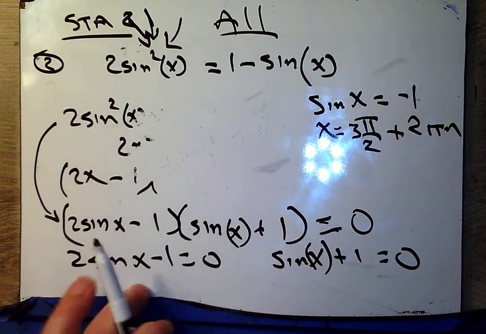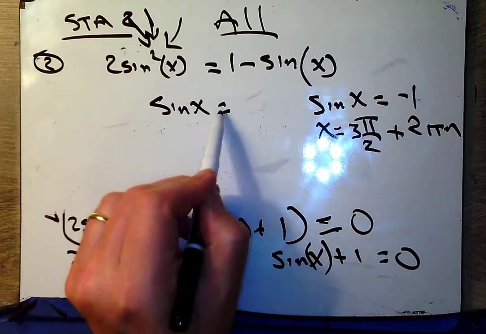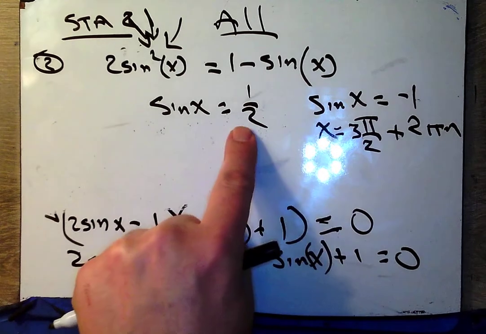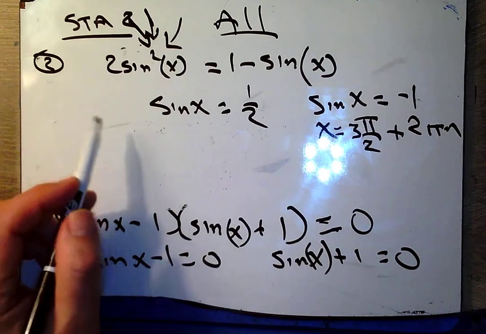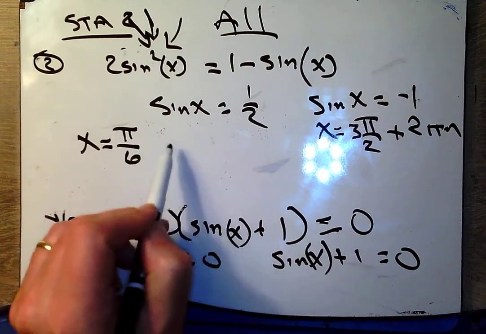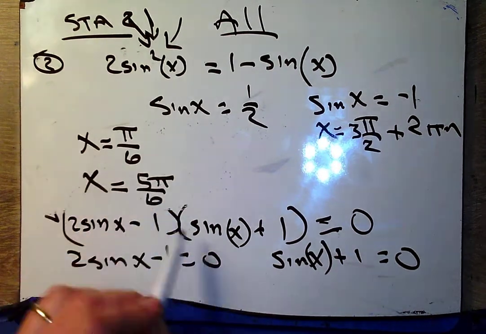Okay, now what about this one? That's saying, when is sine x equal to 1/2, right? We're going to add 1, we're going to divide by 2. Well, sine is equal to 1/2 in 2 places on our unit circle, at x equals pi over 6, and x equals 5 pi over 6.